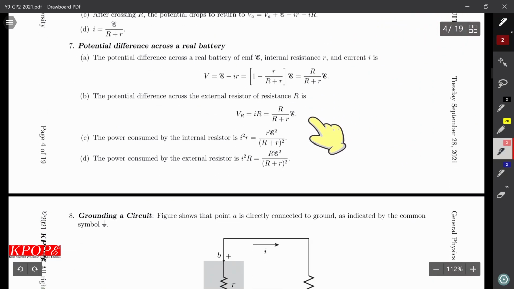Potential difference across the real battery. We can follow the previous calculation for the internal resistance small r contained in a battery.